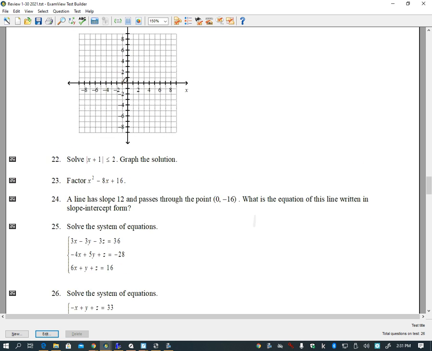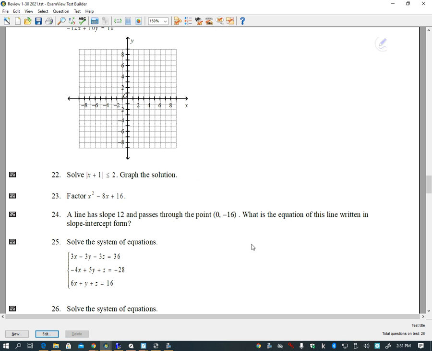All right. Again, I like this nice big empty space to work with. X squared minus 8x plus 16, and it says factor it. So we want something like that. What are the first two terms in this? X and x.